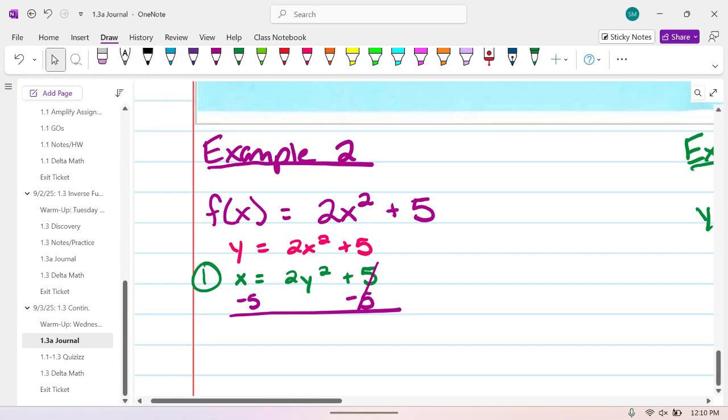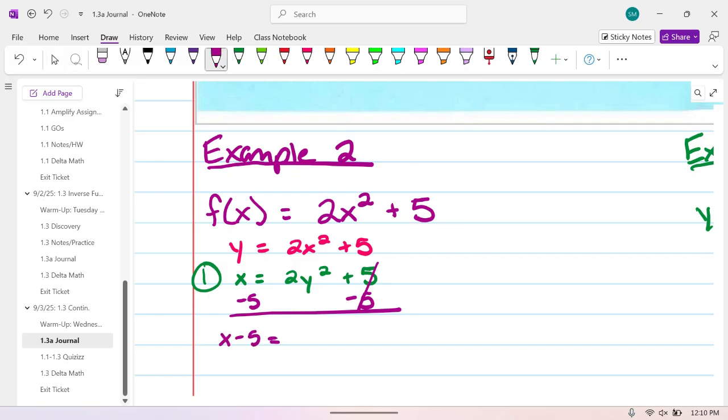What am I left with on the left side of the equal sign? Left side. Closest to me. X minus 5, good, is equal to 2y squared. Now, here is where SADMEP really comes in handy.